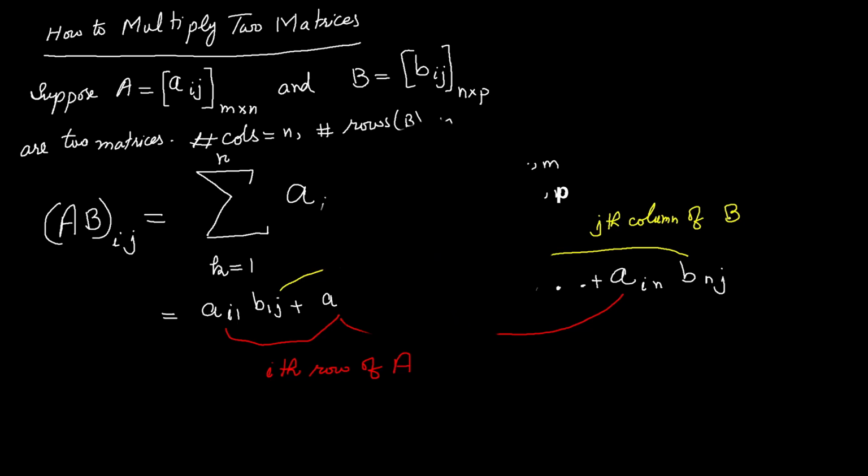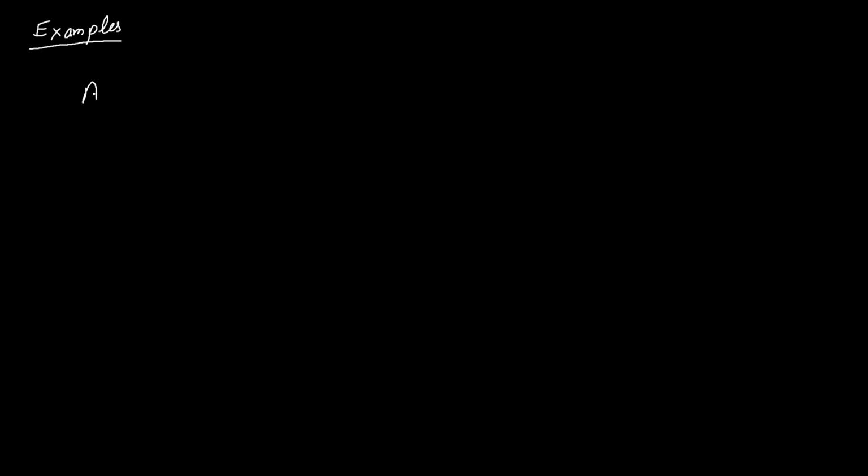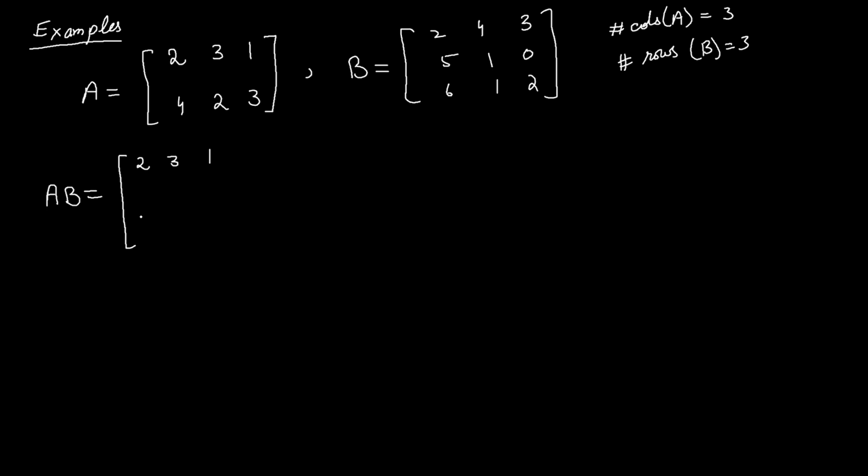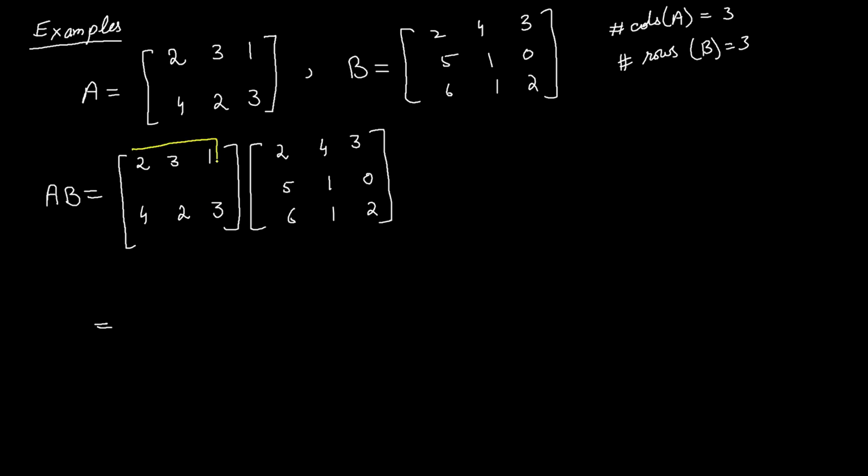Let us see some examples of matrix multiplication. We have two matrices A and B. The number of columns of A and the number of rows of B are equal. Both are equal to 3. So we can multiply A with B. The first element is obtained by multiplying the first row with the first column and then adding them together.